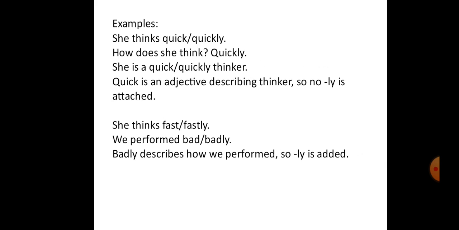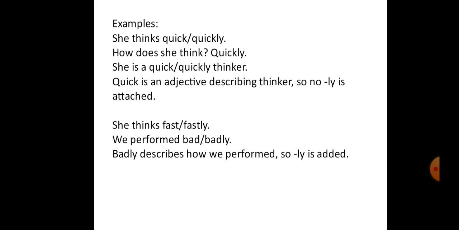We performed bad or badly? Badly describes how we performed. Performed here is a verb. So the adverb here is badly, telling you the manner in which we performed. Please compare the last two sentences I gave you. The first one, she thinks fast.